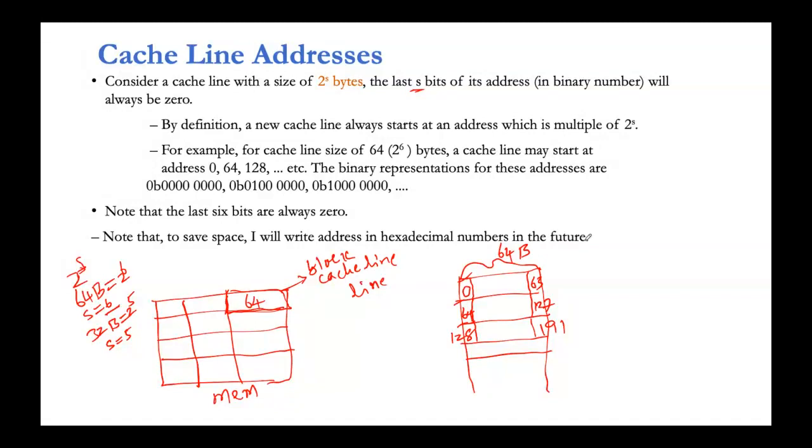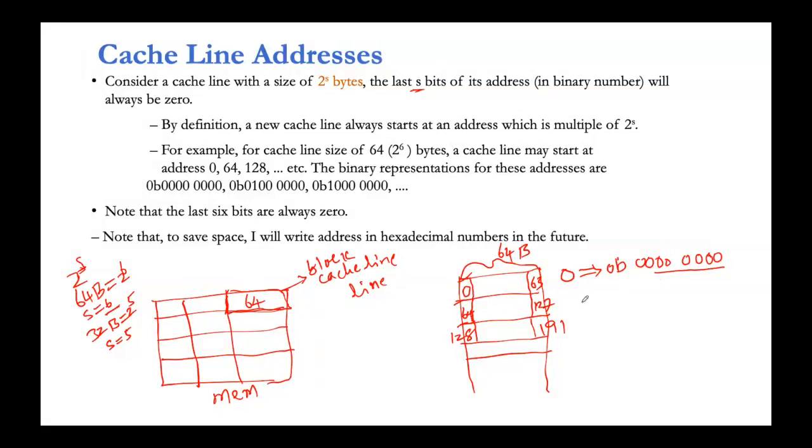Let me write for 0, the starting byte of the first cache line. If you write it in binary form, using suppose 8 bits, it is 0000 0000. This is 64 bytes, which means 2 to the power of s, meaning 6 bits. So the last 6 bits are always 0.